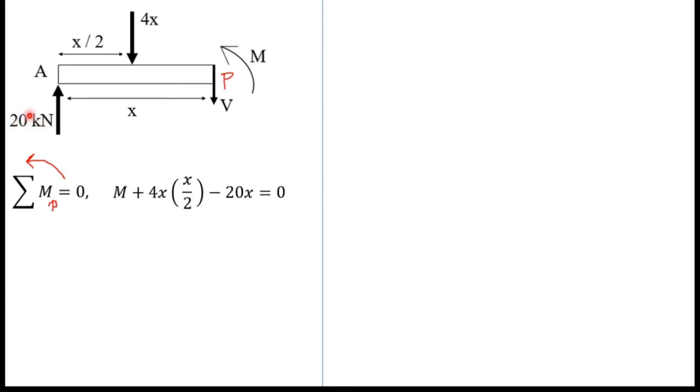The moment due to this force is clockwise and we consider counterclockwise, therefore I put a minus sign here, and 20 is the magnitude of the force and x is the distance to this force from point P. If I simplify this, I get M equals 20x minus 2x to the power 2.